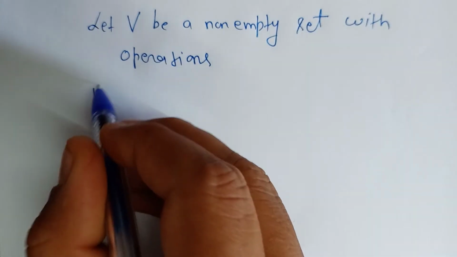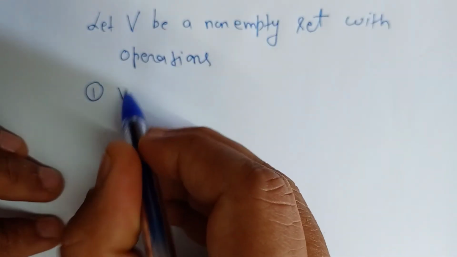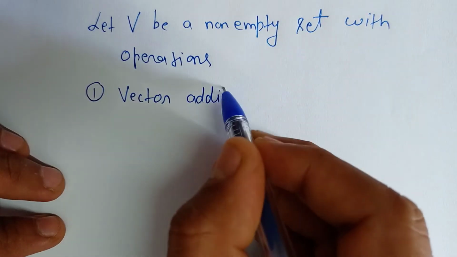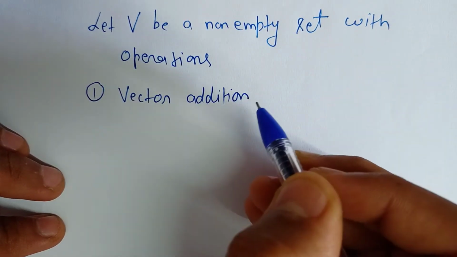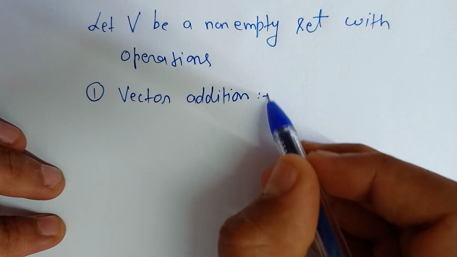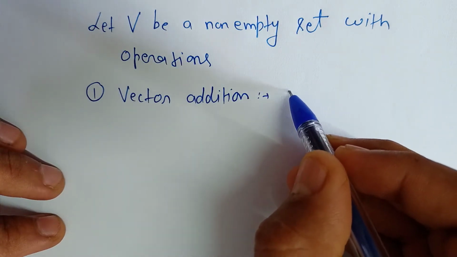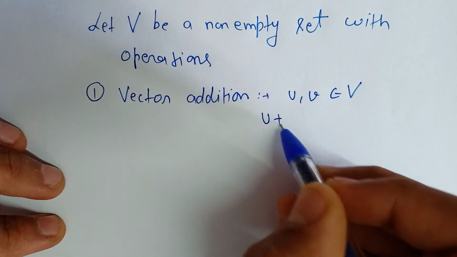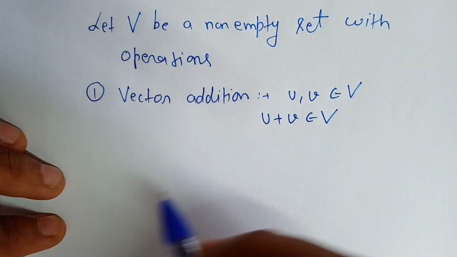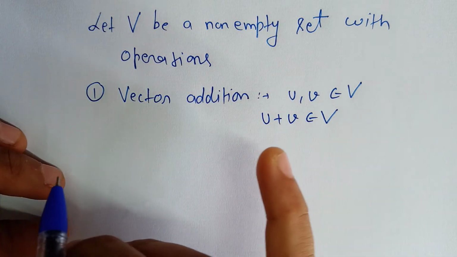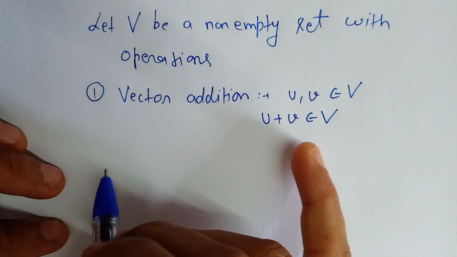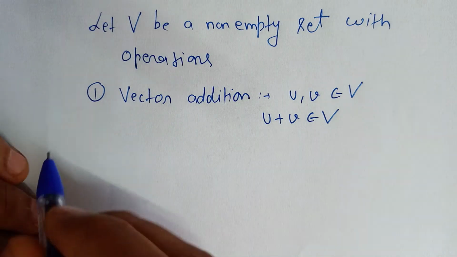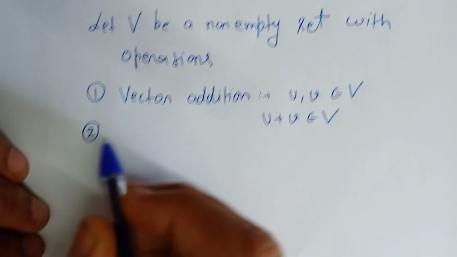So first operation we have is vector addition. Vector addition means if you take any two elements u and v belonging to V, then u plus v also should belong to V. This is the vector addition. And second one we have is scalar multiplication.